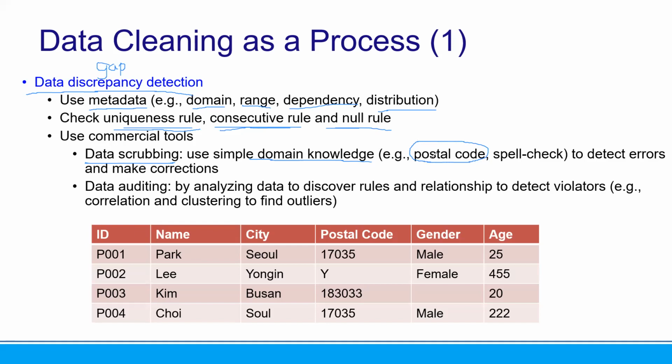When you input your address in an online shop, and it shows you automatically the detailed address and the postal code, we have that kind of thing as data scrubbing.